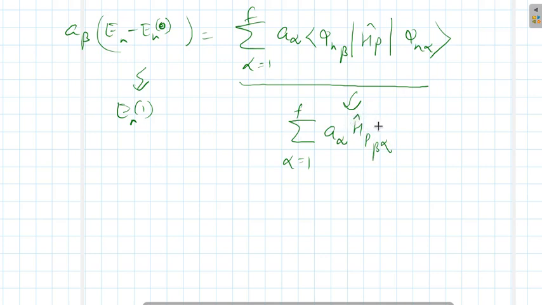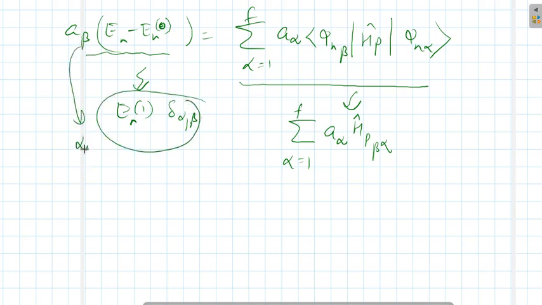If I incorporate the delta function here, it will become delta alpha beta. Replacing this beta by alpha, this part will become En1, because I have to incorporate summation here, En1 delta alpha beta, and it is A alpha.